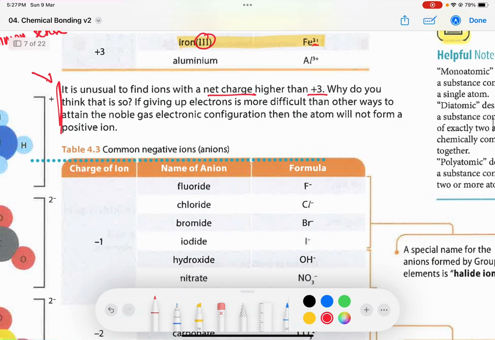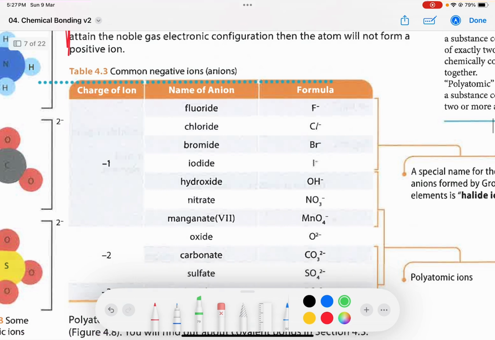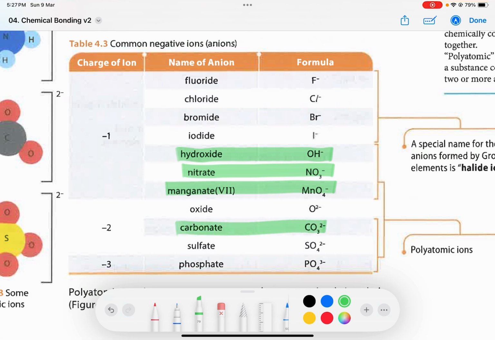Okay, next one, negative ions. I'll just highlight those that I think you can't easily find from the periodic table. So hydroxide, you will need to memorize nitrate, manganate 7, carbonate, sulfate, and phosphate. All of these you need to memorize because they are very common ions. You just need to take note of them very clearly because a lot of formulas will be involving them.